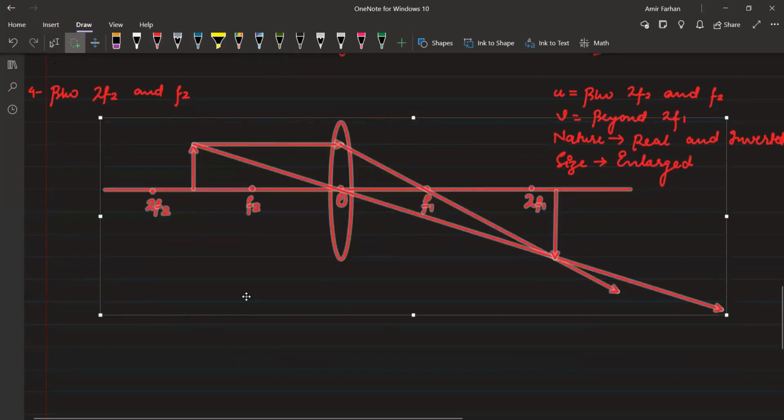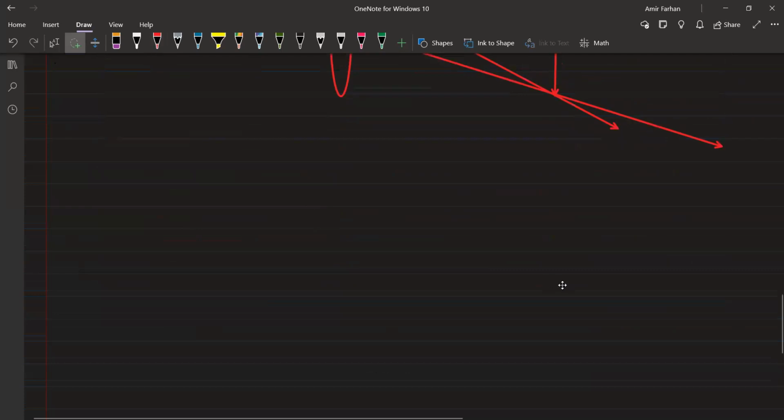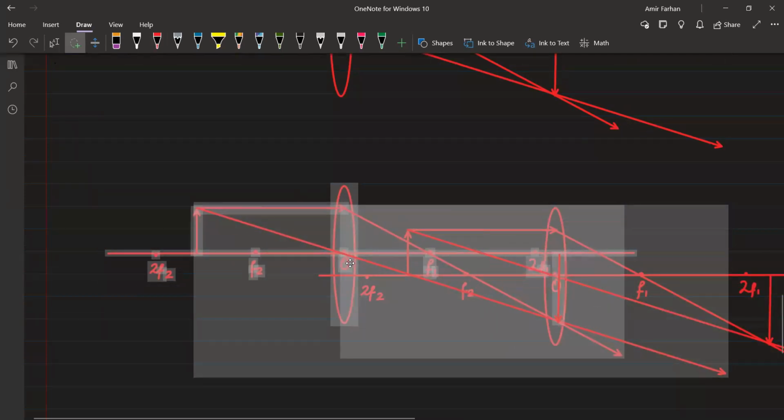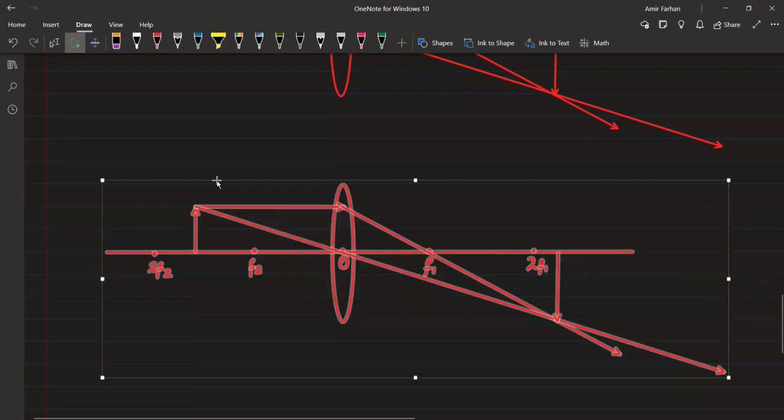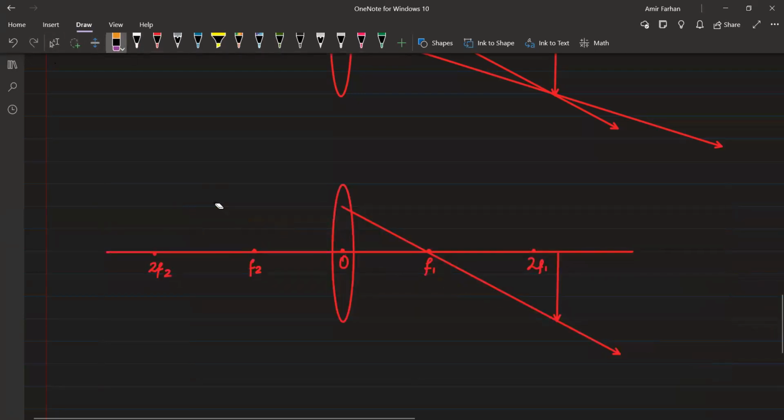Yes, sir. Okay, next case would be when the object is at f2. The object is at f2. So the first ray should be parallel to the principal axis.